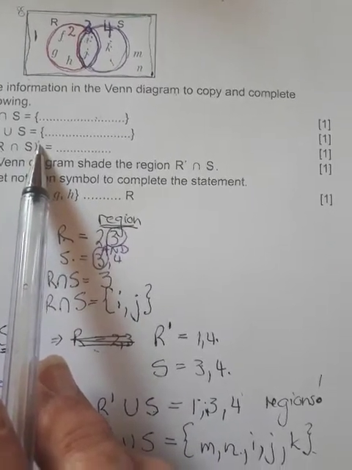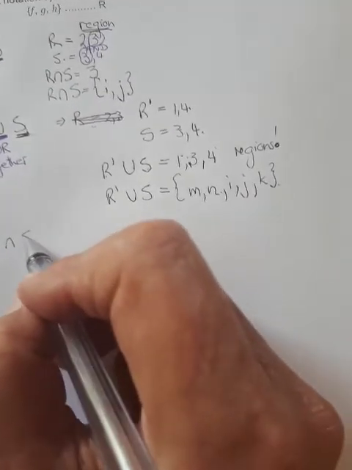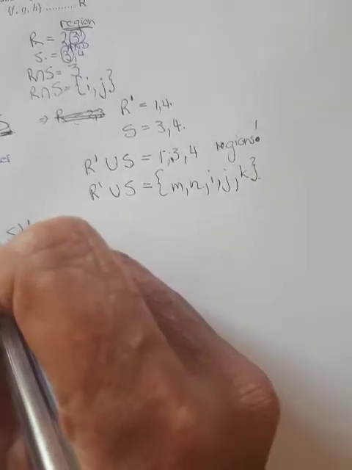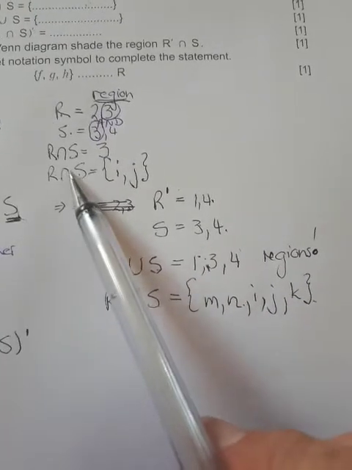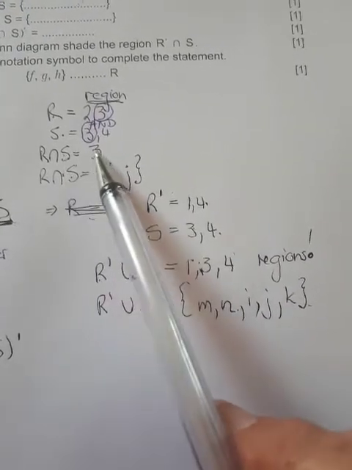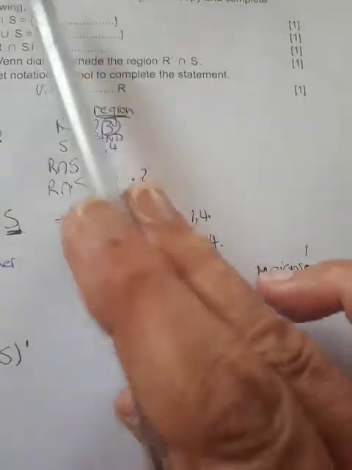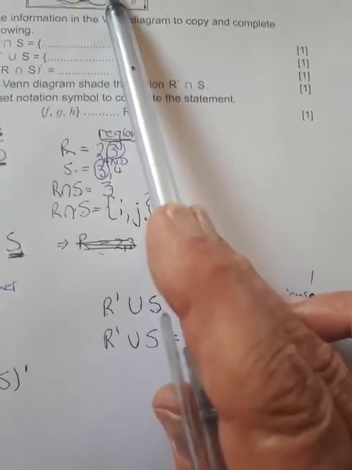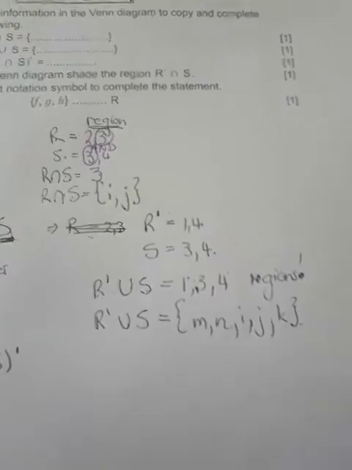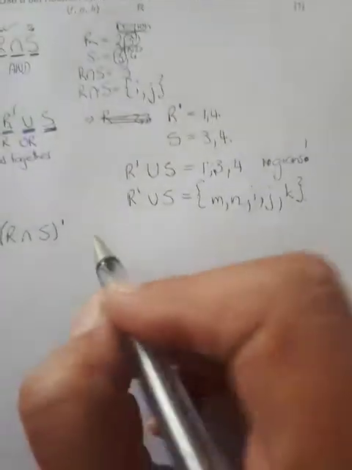Okay, so let's do R intersection S complement. I will start the whole process again, although we could go here, and complement is everything that is not 3, so that would be 1, 2, and 4. But let's just go through this one step by step again, just for you to practice.